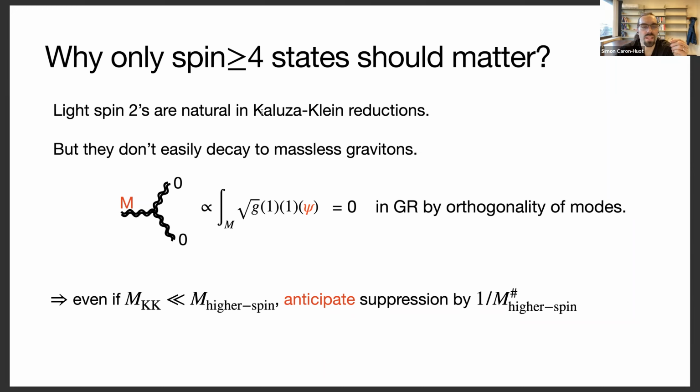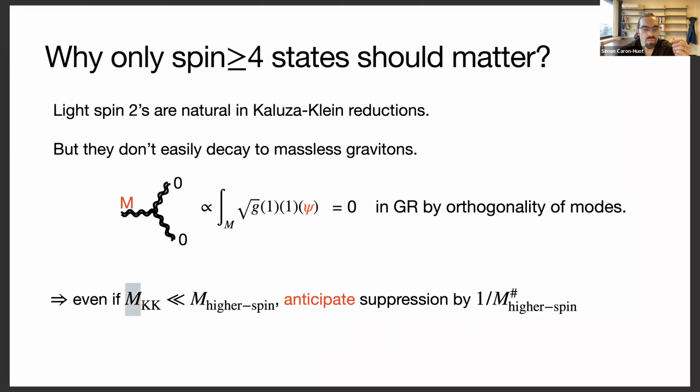But Kaluza-Klein modes don't easily decay into 2 gravitons. In GR, if you compute this 3-point vertex, each of these states is described by some wave function in the direction you compactified. But when you integrate the product of 3 wave functions, you get 0 by orthogonality relations. So the only way KK modes can decay is through higher derivative corrections at the vertex.